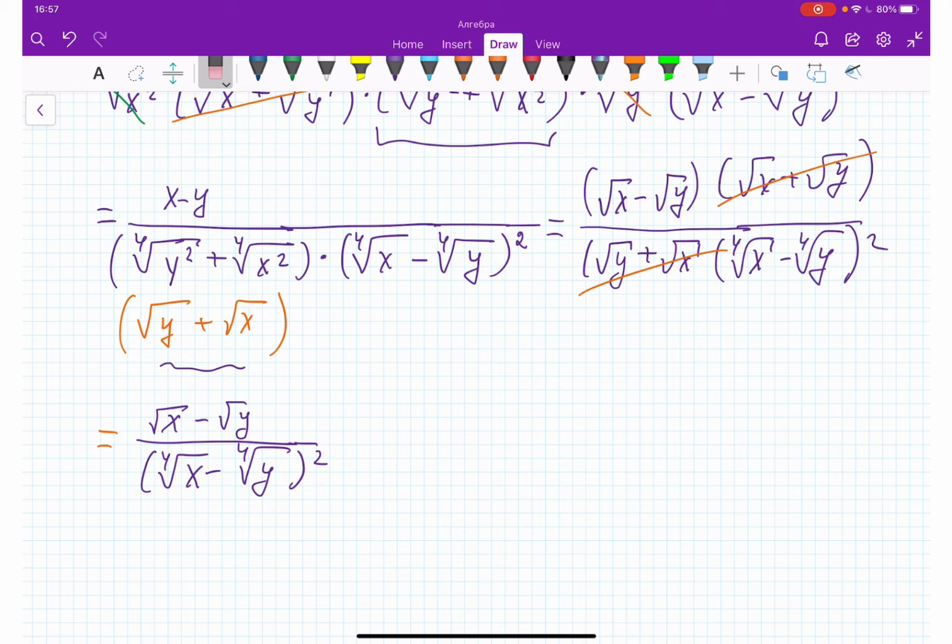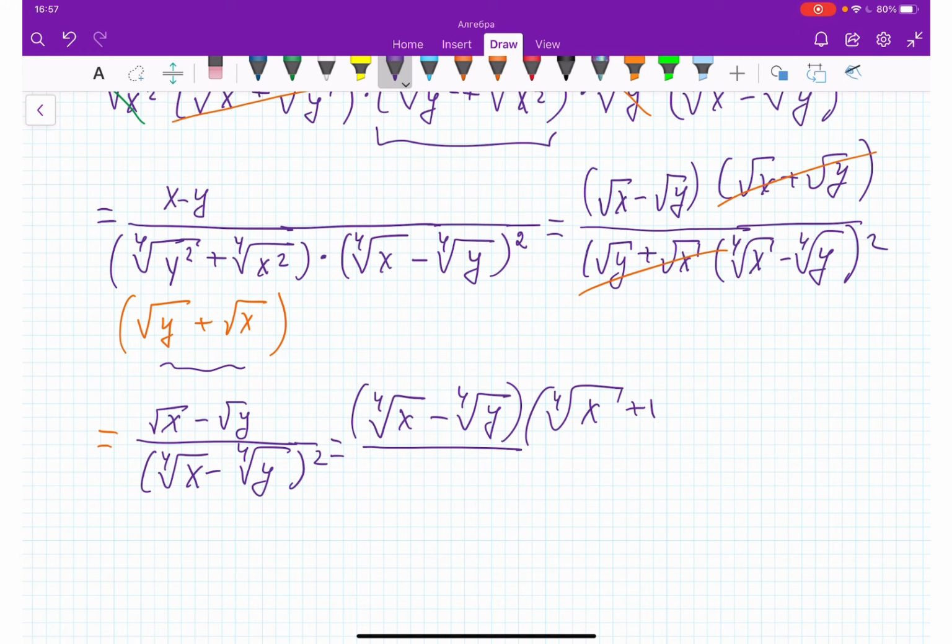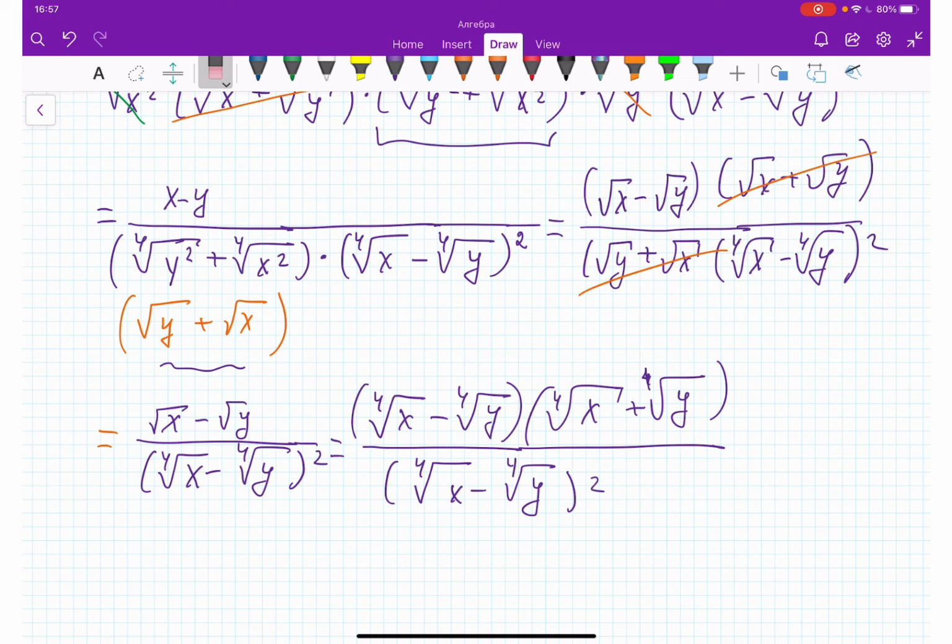Let me open this here. Radical degree 4 of x minus radical degree 4 of y times radical degree 4 of x plus radical degree 4 of y, divided by radical degree 4 of x minus radical degree 4 of y squared, which means I can cancel this square with this one, correct?